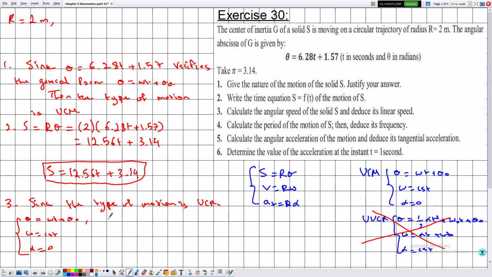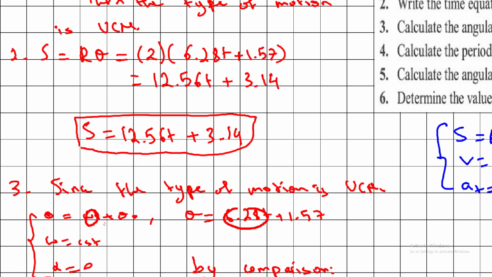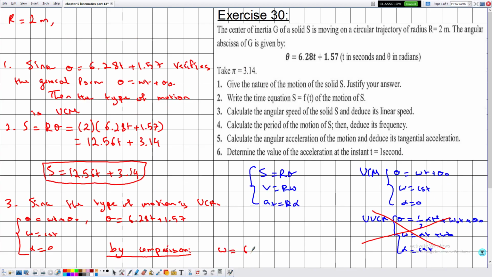And we have theta equal to 6.28 t plus 1.57, which means by comparison of the linear terms that omega is a constant equal to 6.28 radians per second. So omega in this case is 6.28 radians per second.